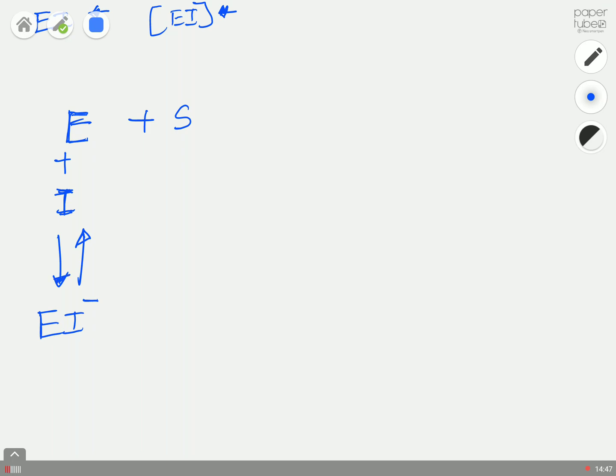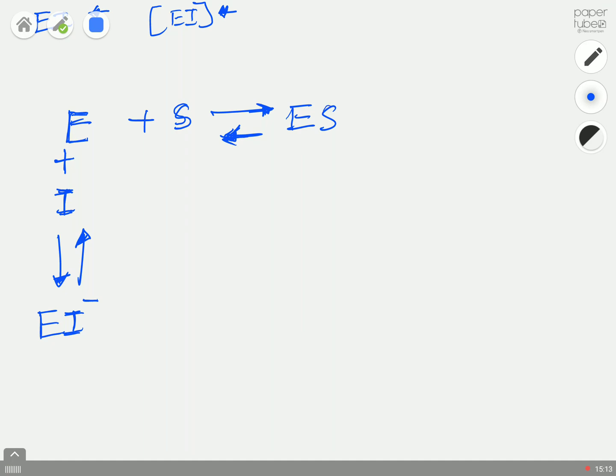This is purely a physical process, nothing big is happening. So this is the enzyme inhibitor complex. And then if your enzyme and your substrate associate together, you will end up with an enzyme substrate complex. Again, this is a completely reversible reaction.